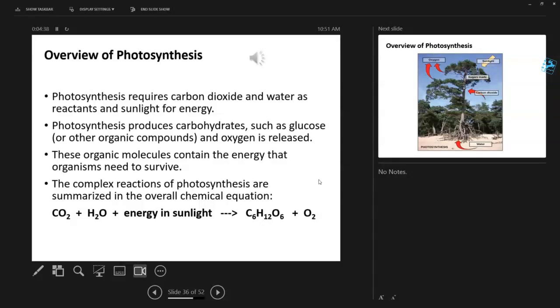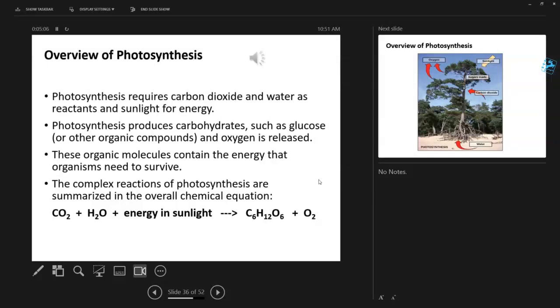So here's the overall chemical reaction for photosynthesis. It should look pretty familiar, except backwards, right? In aerobic cellular respiration, we started with a nutrient like glucose and oxygen, and the products were carbon dioxide and water. Energy was released and stored in ATP.